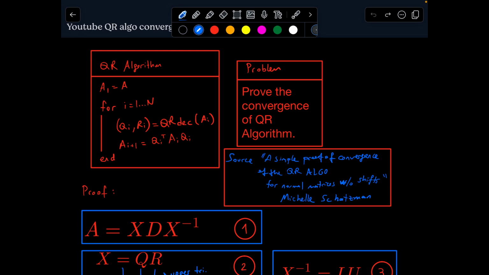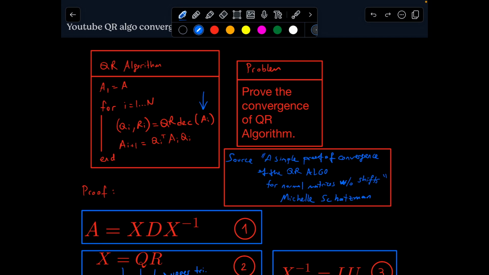So we have a for loop, and we start at i equals 1, with A1 equal to the matrix that we are inputting. Then in each iteration we compute Q and R using QR decomposition. For a given full rank matrix, we compute Q and R such that Q is an orthogonal matrix and R is an upper triangular matrix.